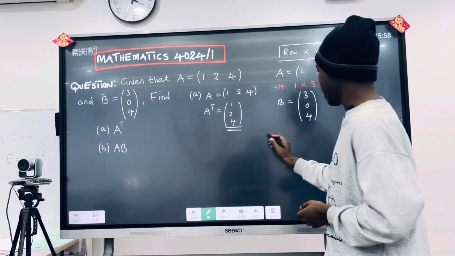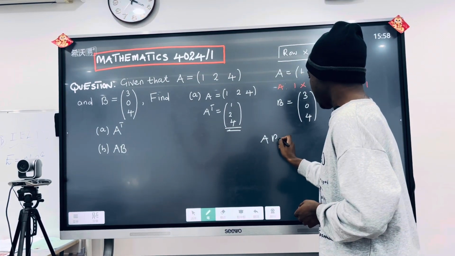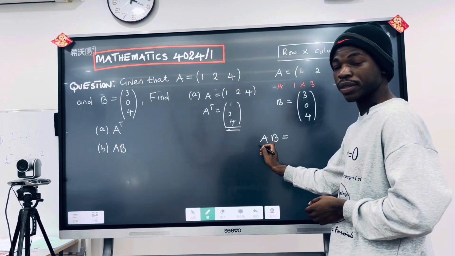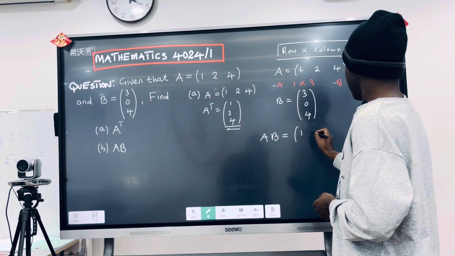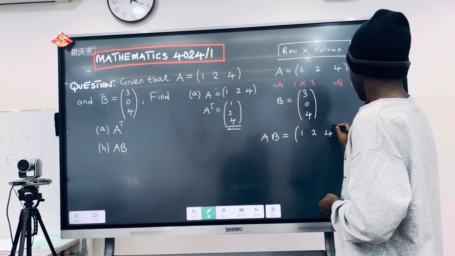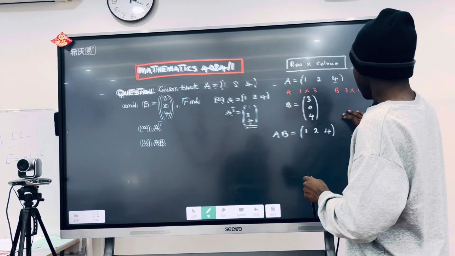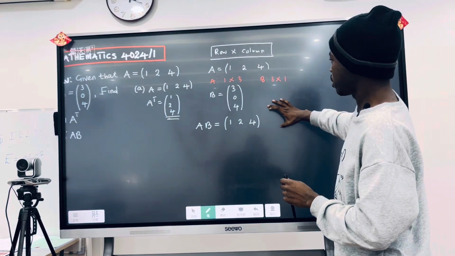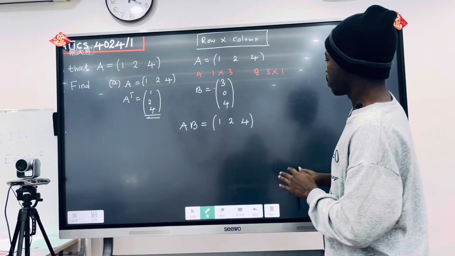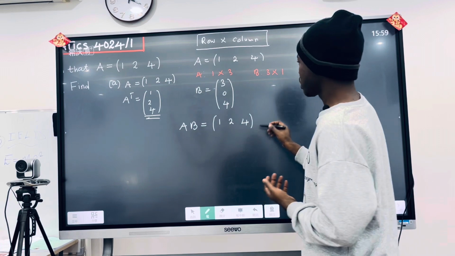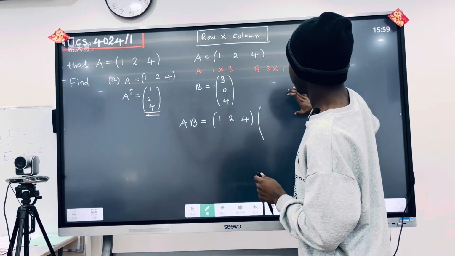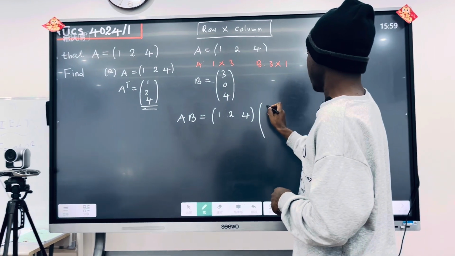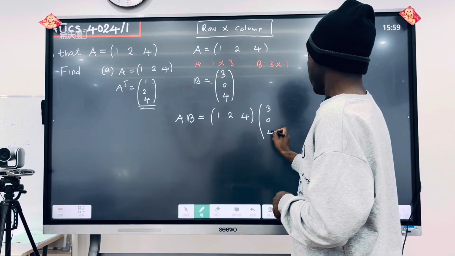So we are finding AB. A multiplied by B is equal to, so we substitute, matrix A which is 1, 2, 4, multiplied by matrix B, which is 3, 0, 4.